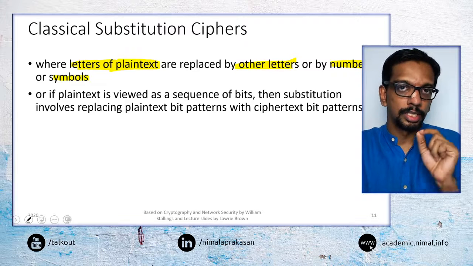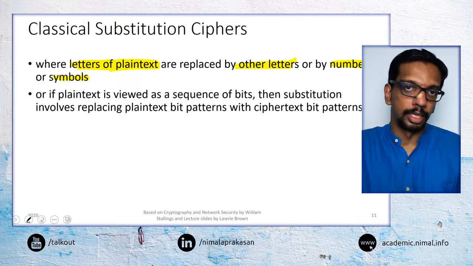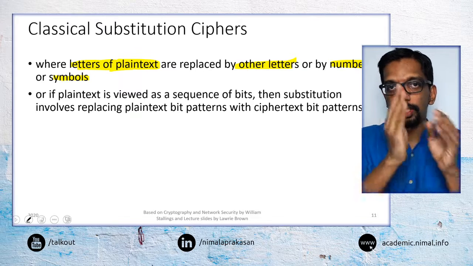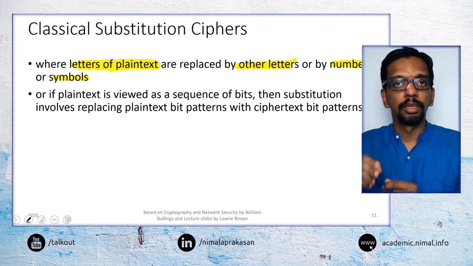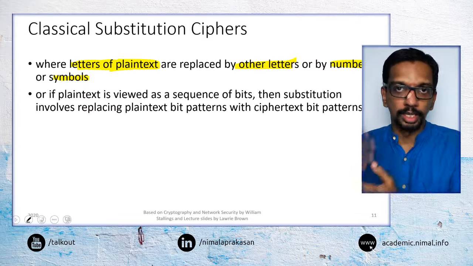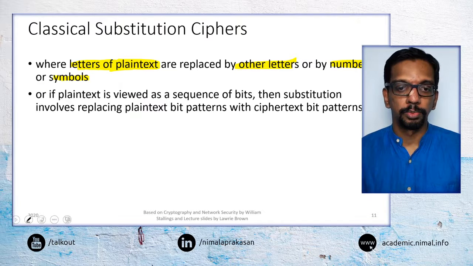So it is a very simple way of encrypting information. So if we have a text, we just replace the different letters of the text with some other letters, numbers or symbols.